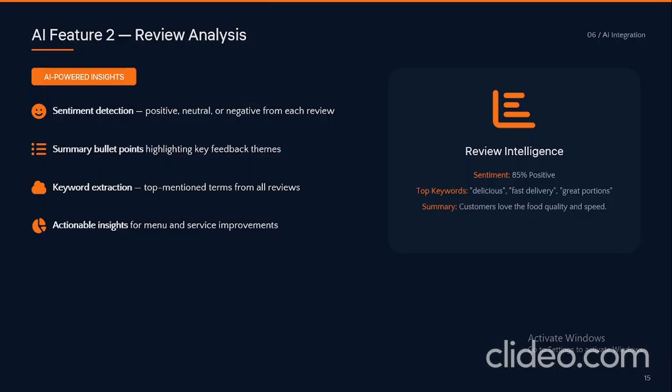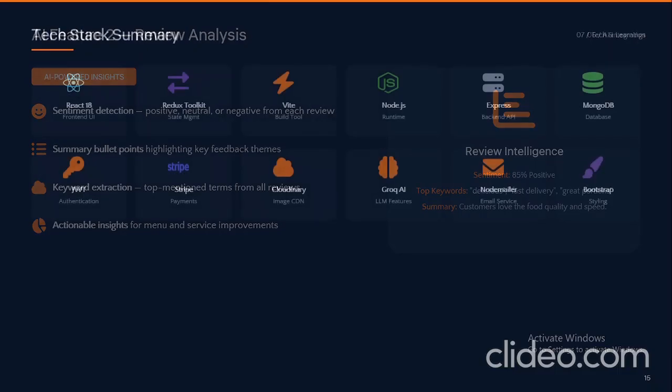As an example, it might show that 85% of reviews are positive. The top keywords are things like delicious, fast delivery, food, service, and customer feedback. And it gives a one-line summary that customers love the food quality and speed. What it does is turn raw review text into something the restaurant owner can actually act upon.